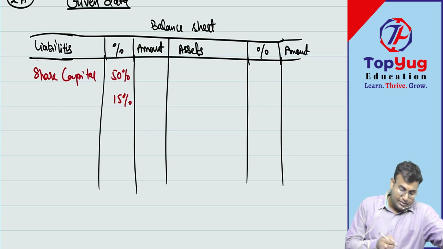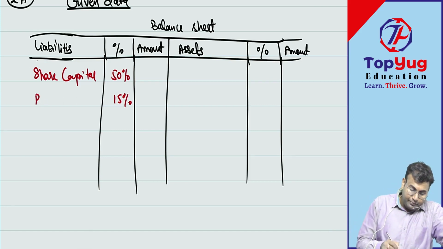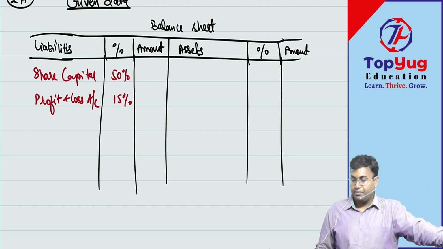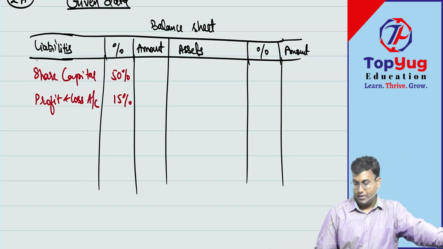It is the same name which he has given, the same name will take the profit and loss account.